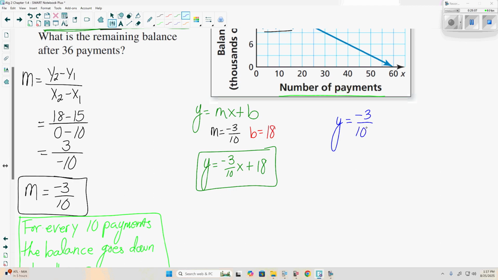So all we need to do is plug in 36 for x. So when we plug 36 in for x, it'll tell us the remaining balance.